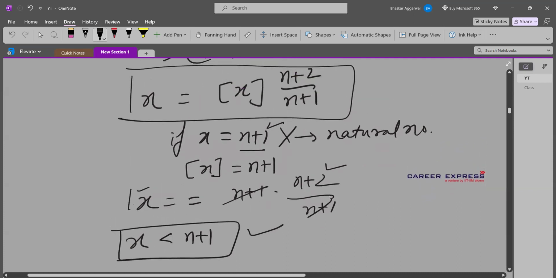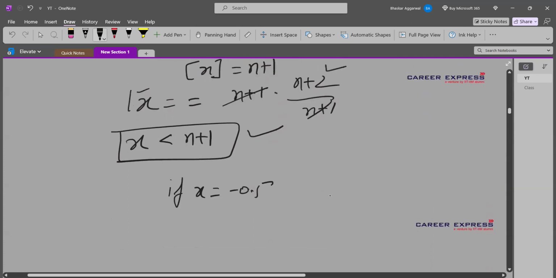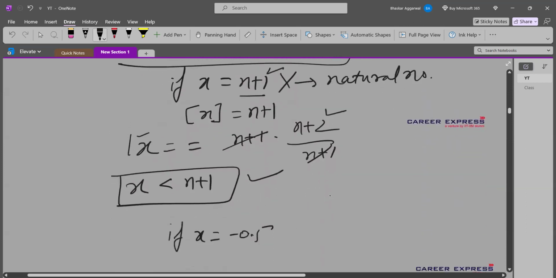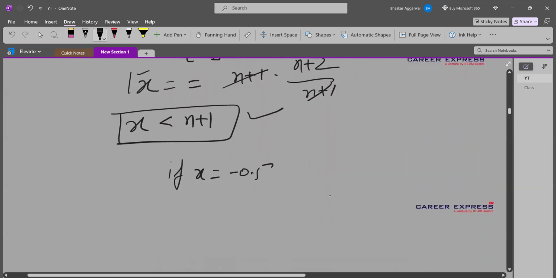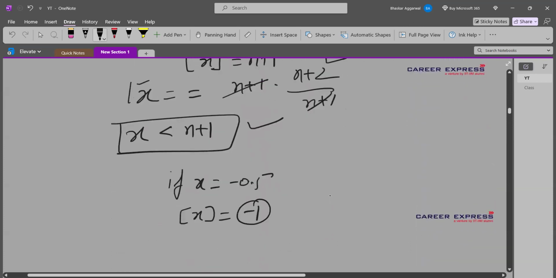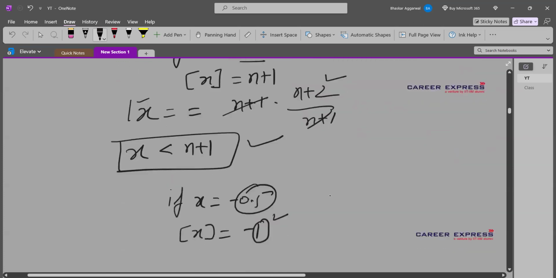Let us now check x for negative numbers. So if I put x equal to minus 0.5, in that case, box x will be minus 1. So minus 1 is less than minus 0.5, but the quantity 1 is more than 0.5. And (n plus 2) by (n plus 1) is also more than 1.